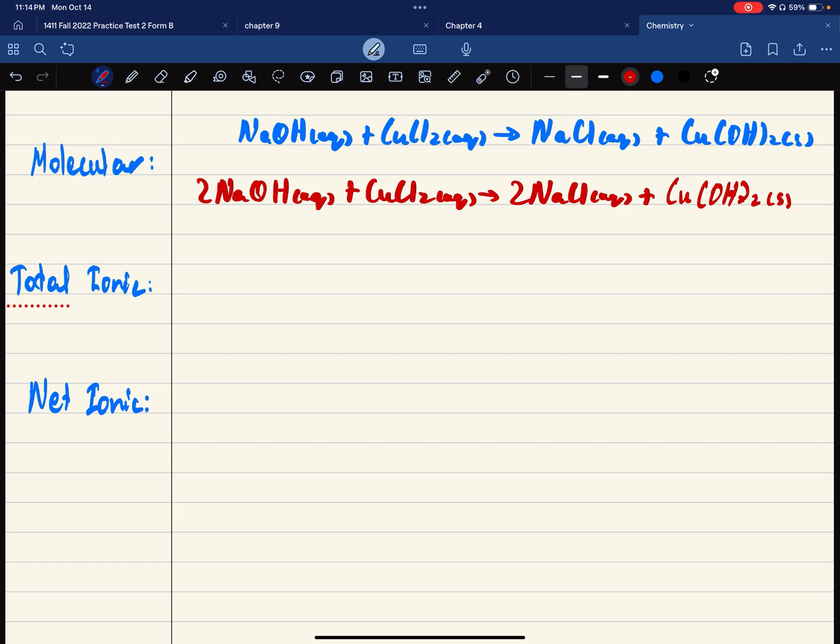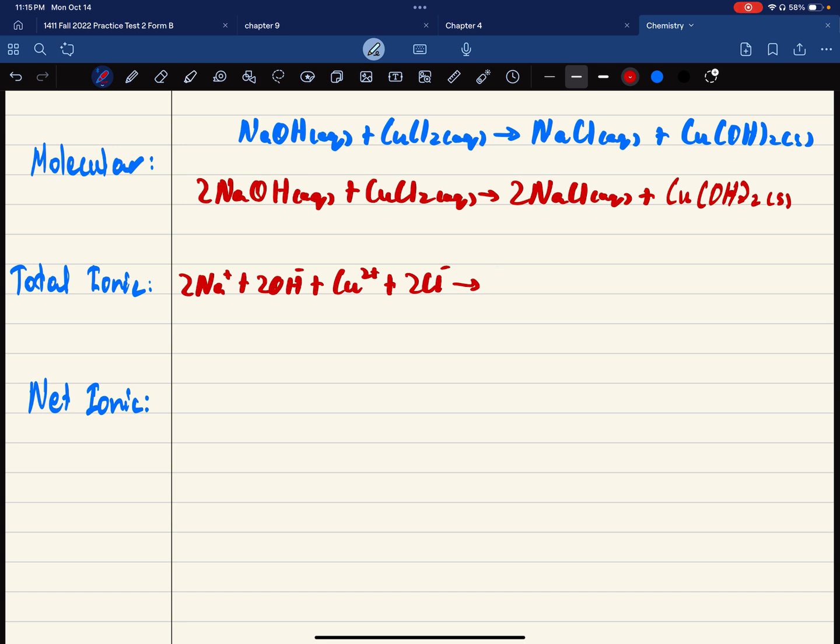Now for the total ionic equation, or the complete ionic equation, we need to write out all the cations and anions present in the equation above. So for that one, we have 2 Na plus plus 2 OH minus plus Cu2 plus plus 2 Cl minus.